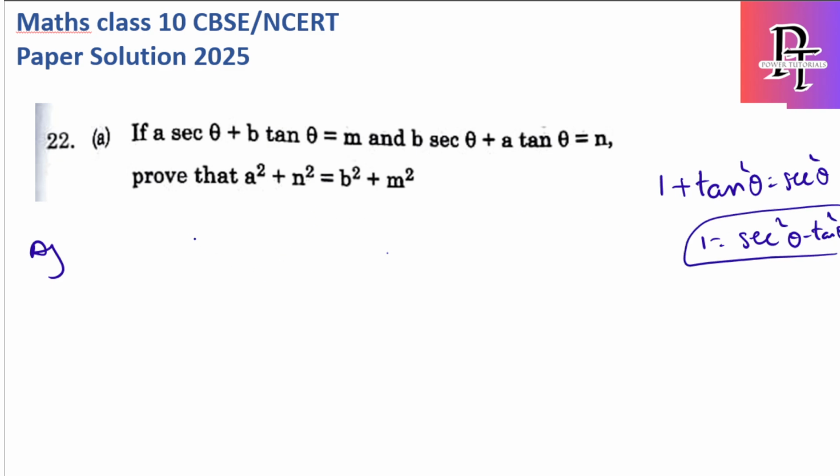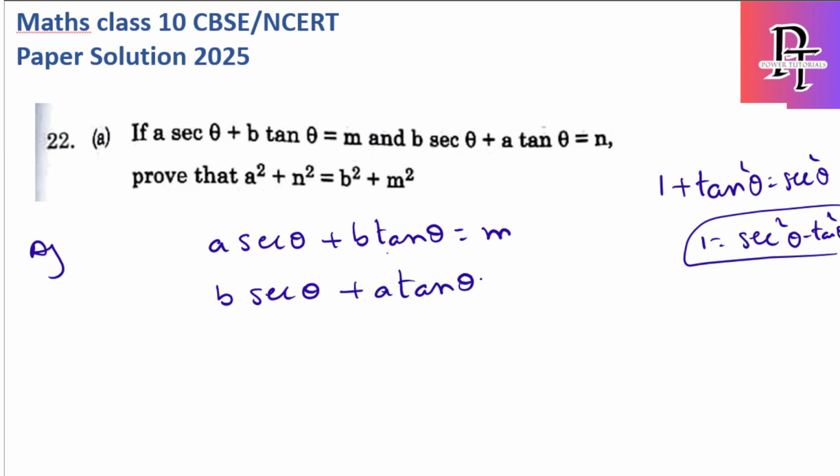Let's solve this one. I have one relation which is A secant theta plus B tan theta is equal to M, and the second one which is B secant theta plus A tan theta is equal to N. So this is 1, this is 2. I will do both 1 plus 2 and 1 minus 2. Let's see what happens.